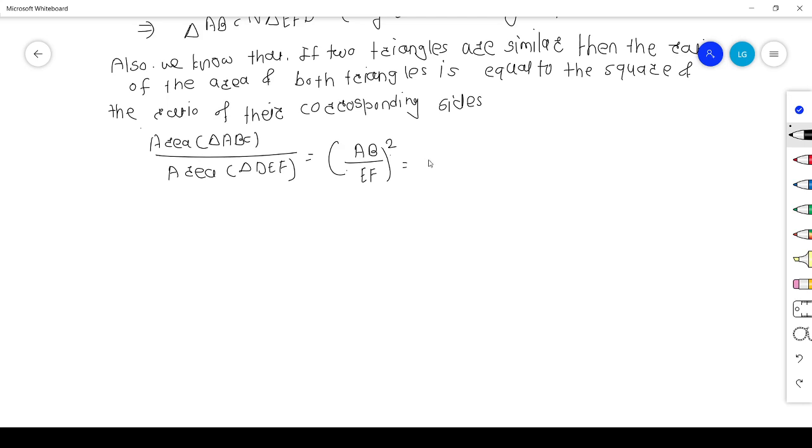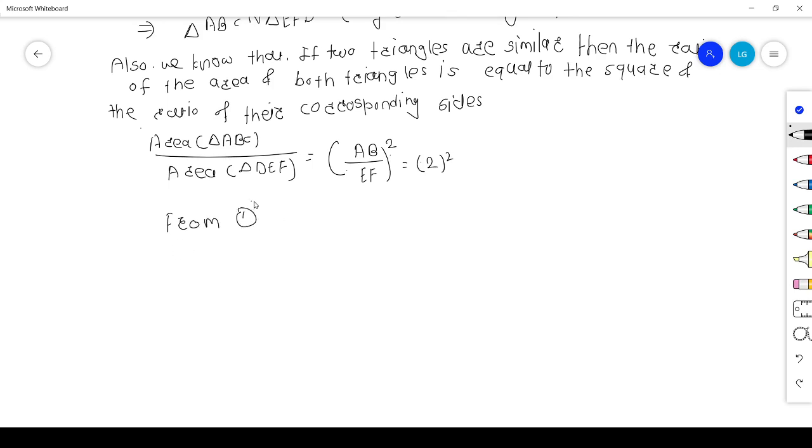So from 1, AB upon EF equals 2, so this is 2 square, which equals 4.